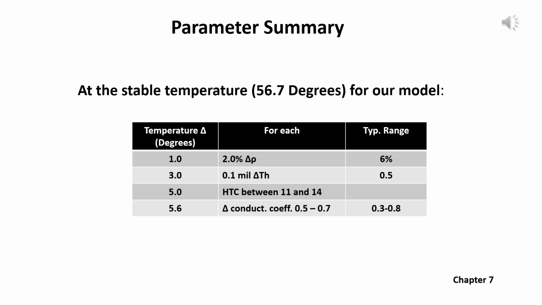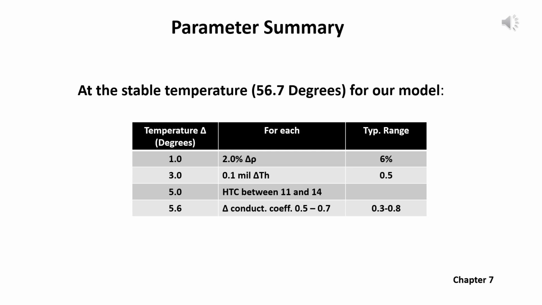The temperature will change 5 degrees for a change in the heat transfer coefficient between 11 and 14. Since we don't know enough about the heat transfer coefficient to begin with, there's not a lot more we can say about that. And the temperature will change 5.6 degrees for a change in the thermal conductivity coefficient of between 0.5 and 0.7.